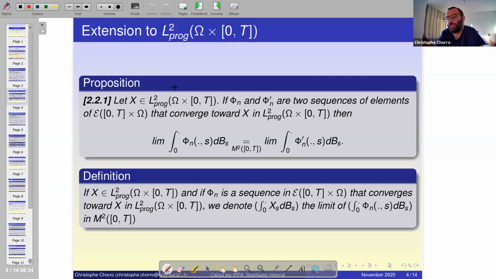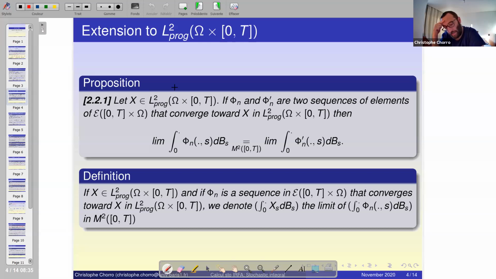We have said the following. If I consider the mapping that associates to an elementary stochastic process the process given by the elementary Ito integral, we have two things: the mapping is linear, and it is an isometry in the sense that it preserves the norms.